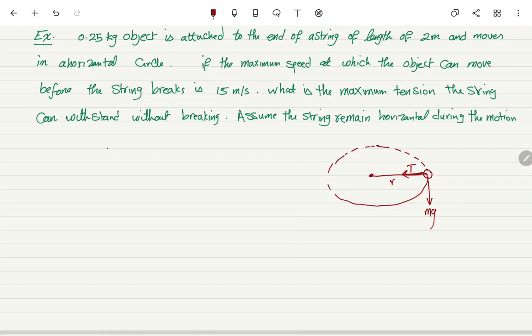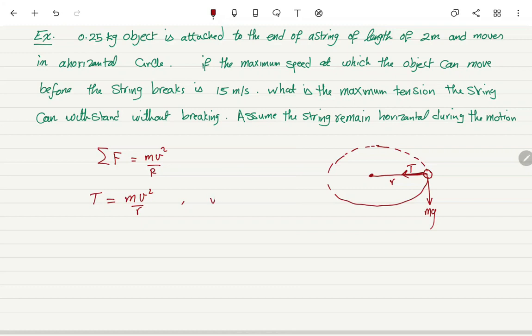Now sum of all forces equal to, we have circular motion, so we have a radial acceleration, equal to mv square over r, where r is r small. All forces in this direction is the tension, so tension equal to mv square over r.